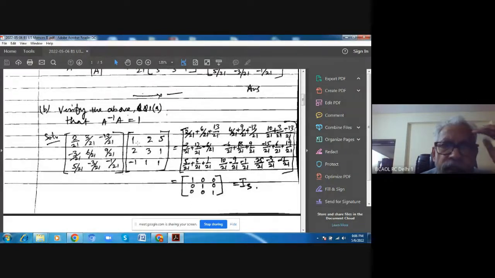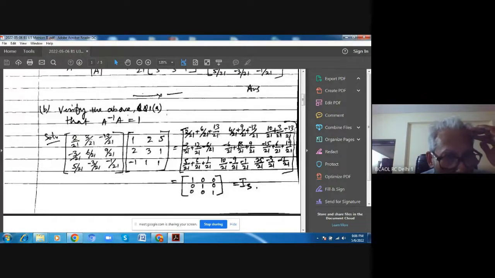Means in this case, suppose 1 multiplied into 2. So at the time of writing, otherwise you can say 2 into 1. 2 into 1 is 2 divided by 21. Then 3 into 2. पहला एक रो का लेंगे और इधर का कॉलम का लेंगे. Then again row, again column.